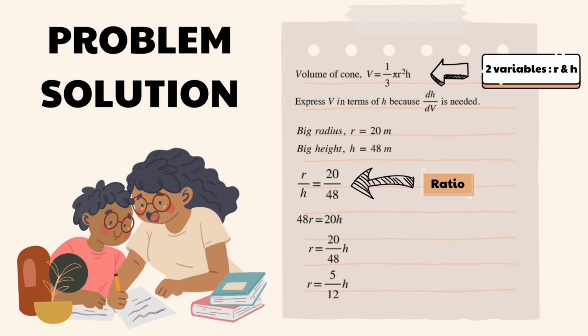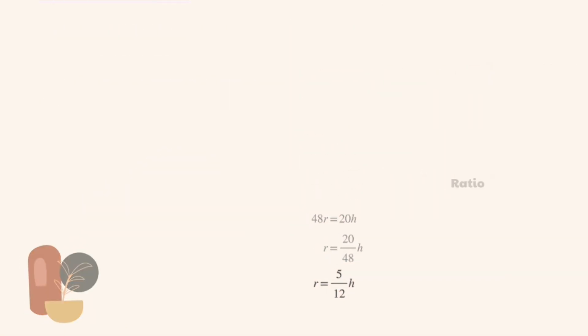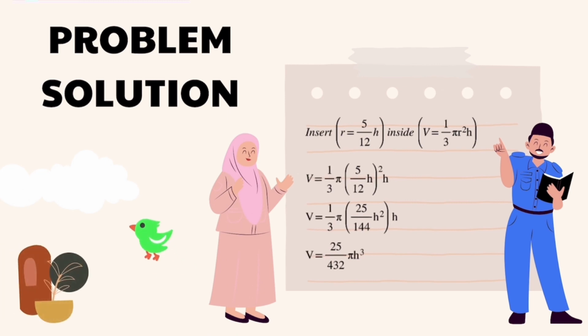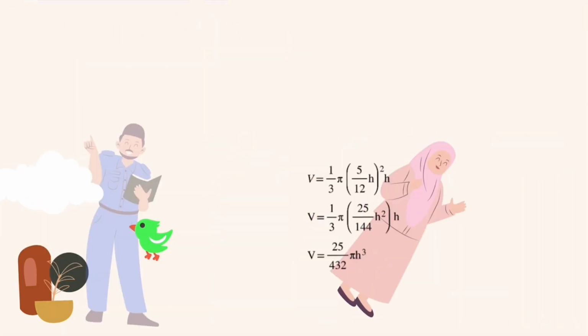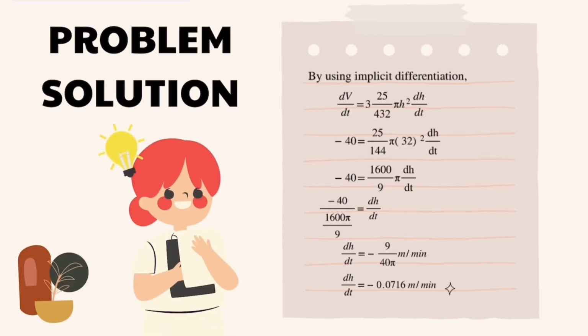So r is put as the subject of the equation, and r is equal to 5 over 12 h. Then we can insert the value of r inside the volume of the cone. The final volume in terms of h is calculated, and the value of the volume is 25 over 432 pi h cubed.